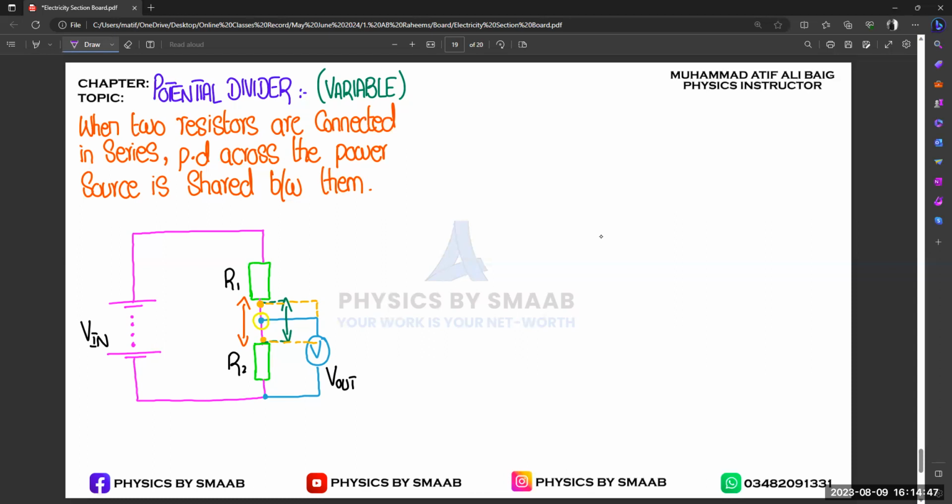Okay. So basically, we know that the potential difference across each component, or we can say the potential difference across each resistor, depends upon its resistance, right?